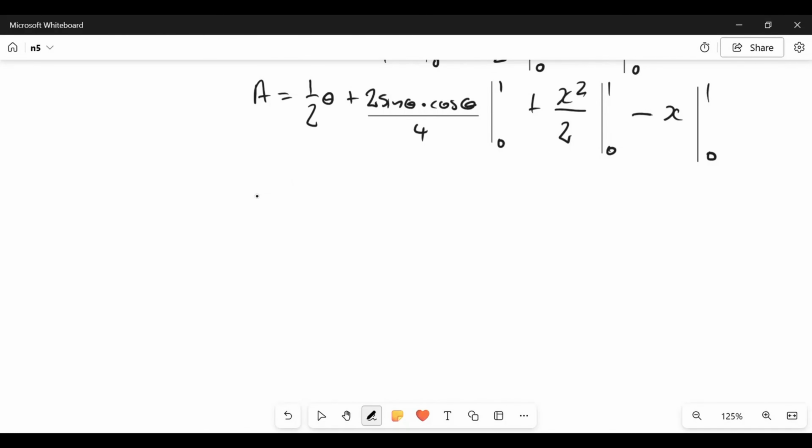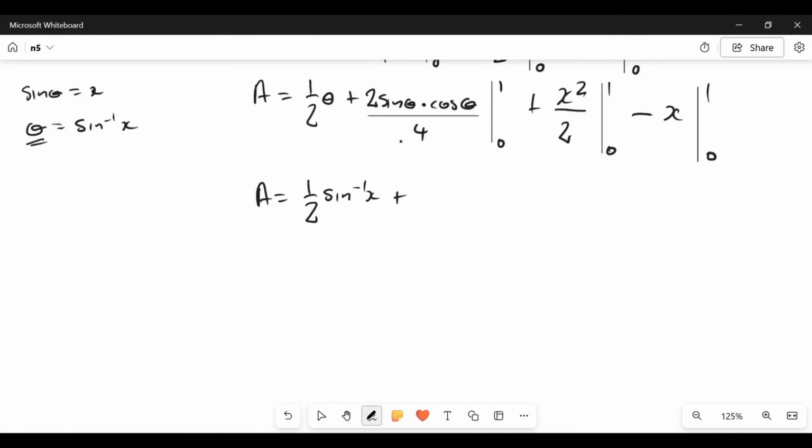Now, when you look at the first one there, we need to replace theta. If you still remember at the beginning, we said if sine theta is equaling to x, then theta is equaling to arc sine x, right? So we can write 1 over 2, but instead of writing theta, we can write arc sine x. What we are doing here, basically, is changing back to x, by the way.